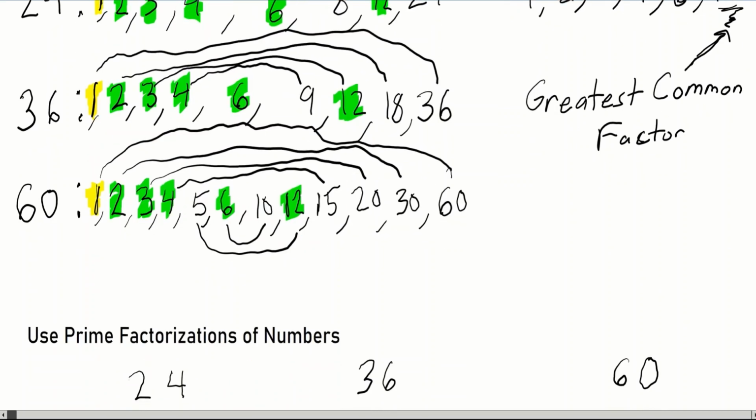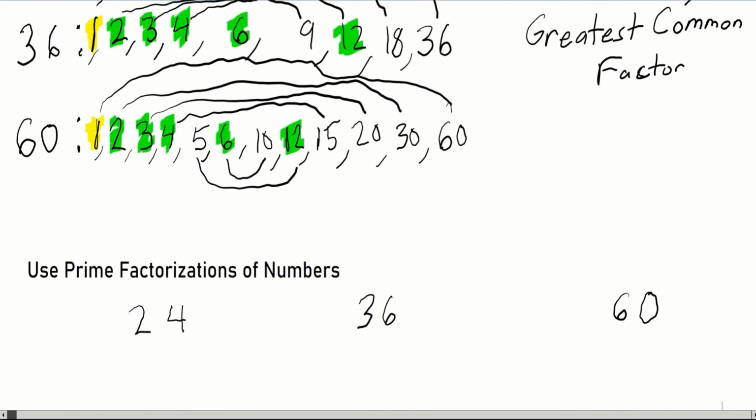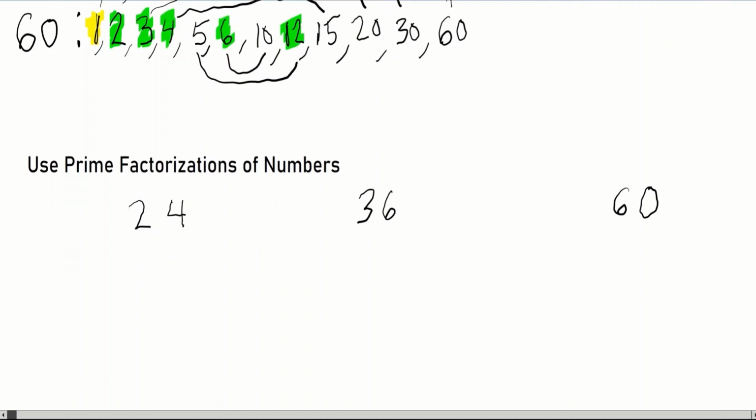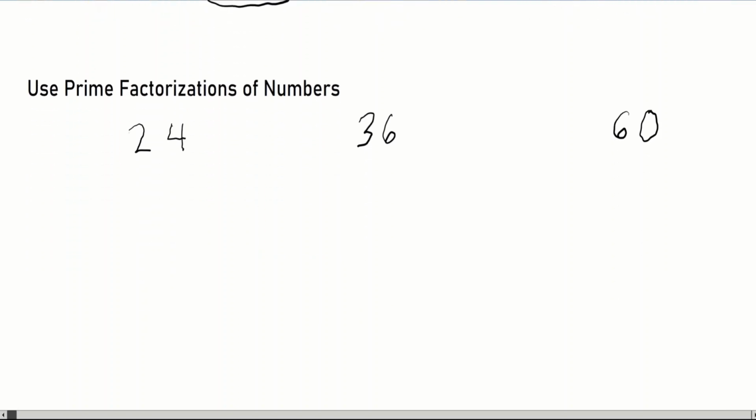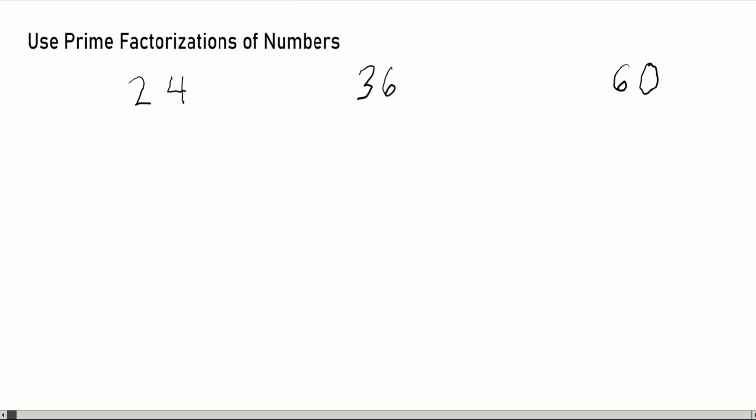Now, we can also determine the greatest common factor using the prime factorization of our numbers. So let's start by making factor trees for each of them.